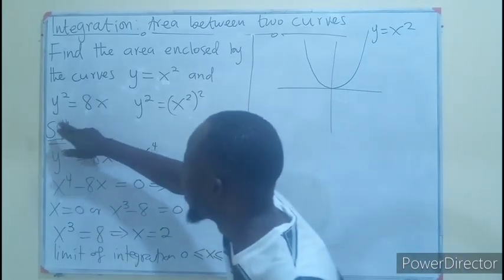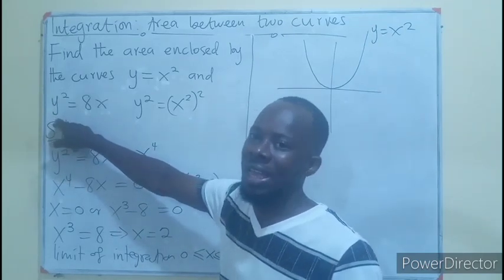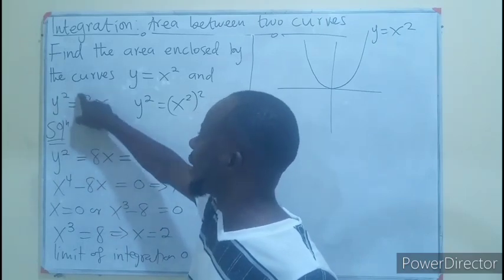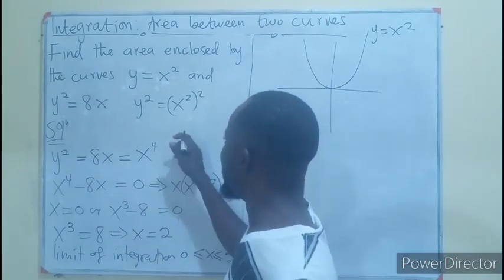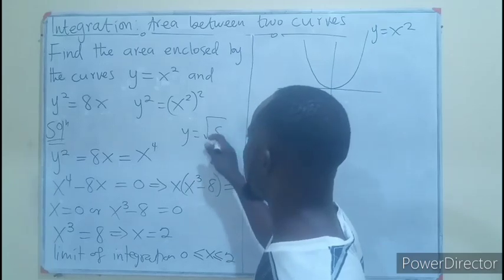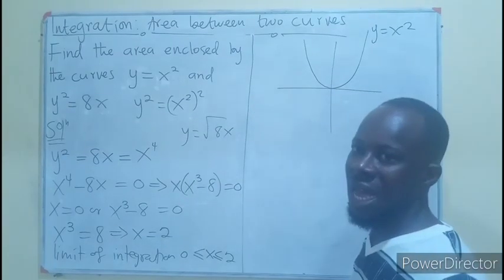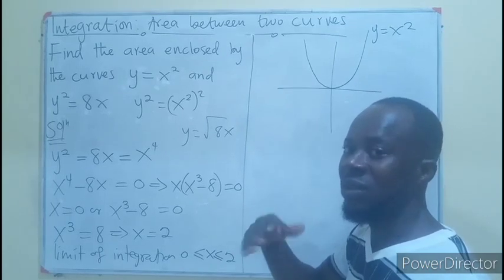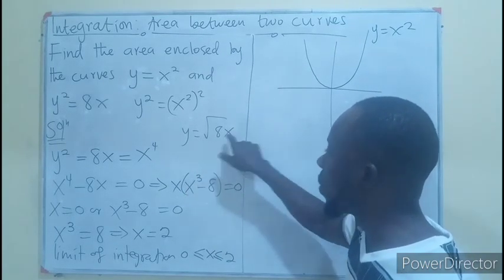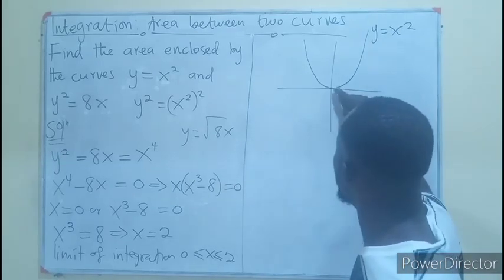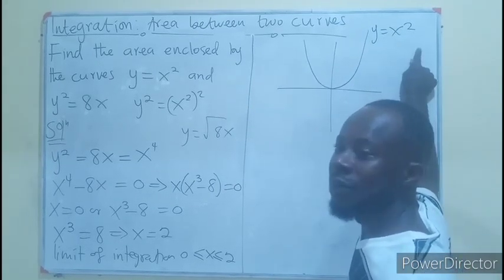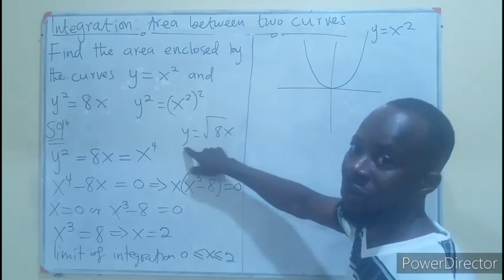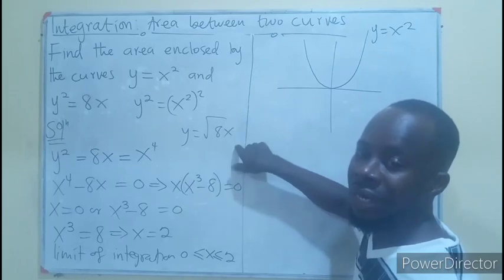Then for the second one, we are having y squared. So for us to be able to sketch that, it should be y equals the square root of 8x. And we know that if you are sketching a curve for the square root of x, it is going to move from the origin, because if x is 0, y will be 0.